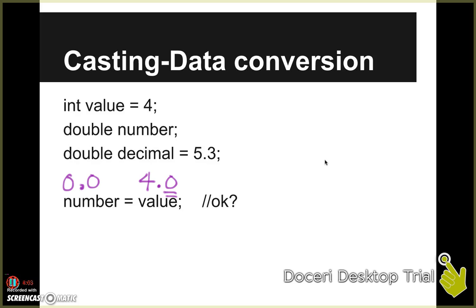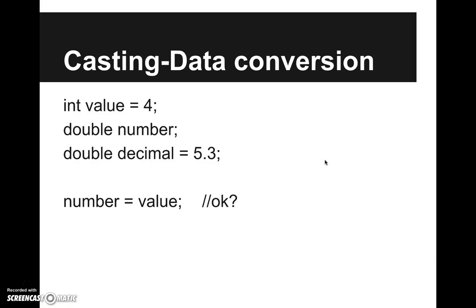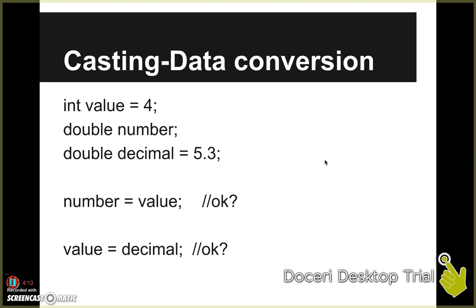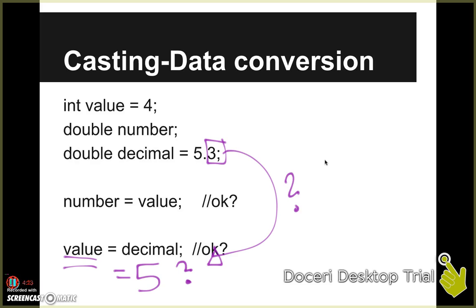Now if we go the other way around though, if we take our value and set it to decimal, well, decimal has this decimal attached to it, right? It has this 0.3 here. And my int doesn't have a place to put that. And so it could equal 5, but we've lost the 0.3, and the compiler won't let us do this unless we explicitly what's called cast it.